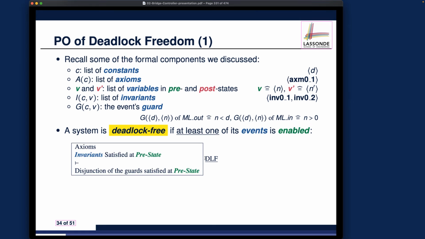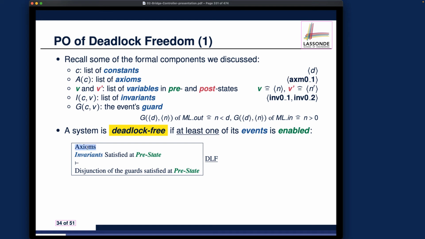You can see we've got a new rule named DLF. You can think about deadlock and freedom, DLF, standing for deadlock freedom. This is an informal sketch. It's a turnstile, it's a sequent. What's the hypothesis? We assume two things.